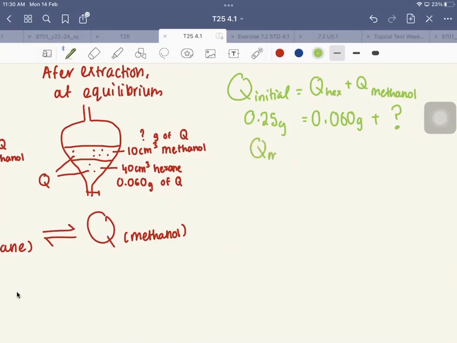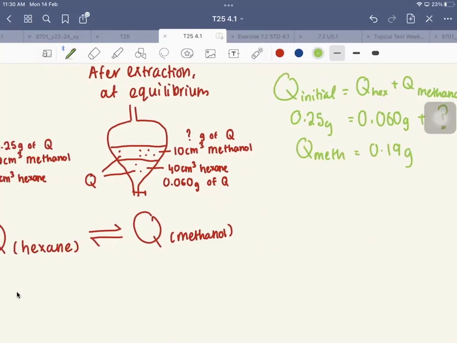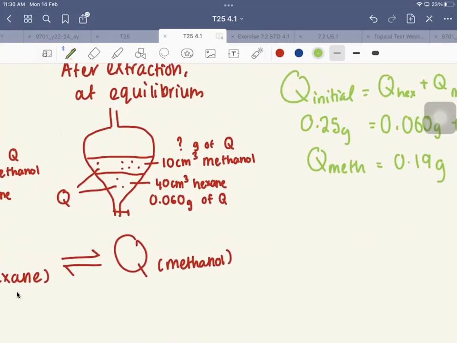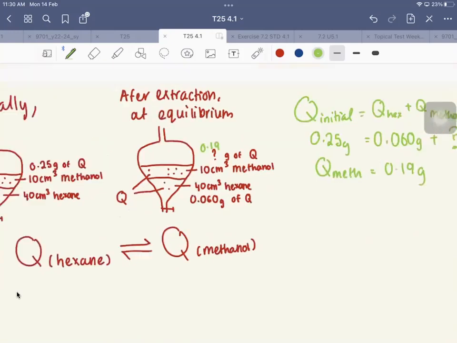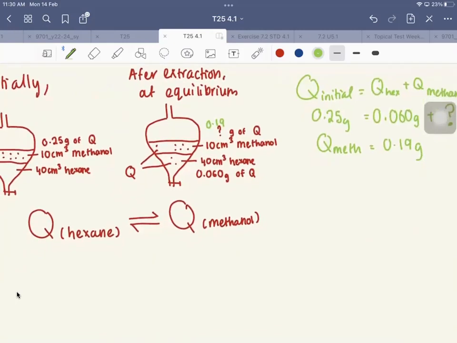Is the mass of Q in methanol 0.19 grams? Did you all manage to get that? So then I can fill in that information, 0.19 grams of Q. Okay, before I write down my KPC expression, I also need to find the concentration of Q in hexane and the concentration of Q in methanol.